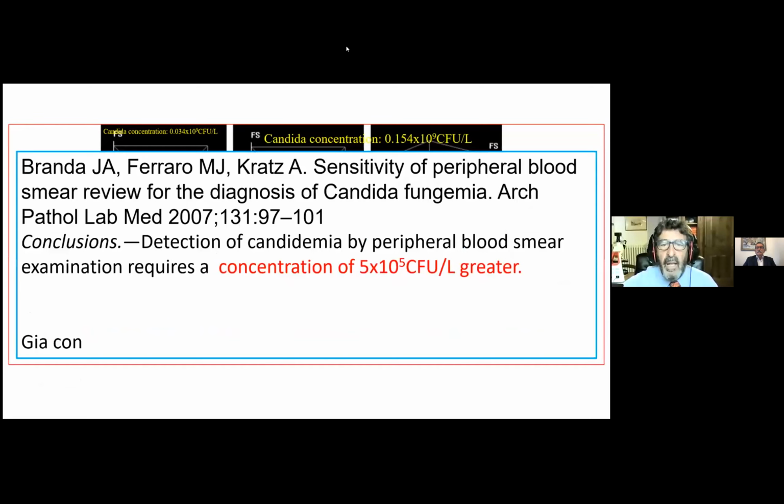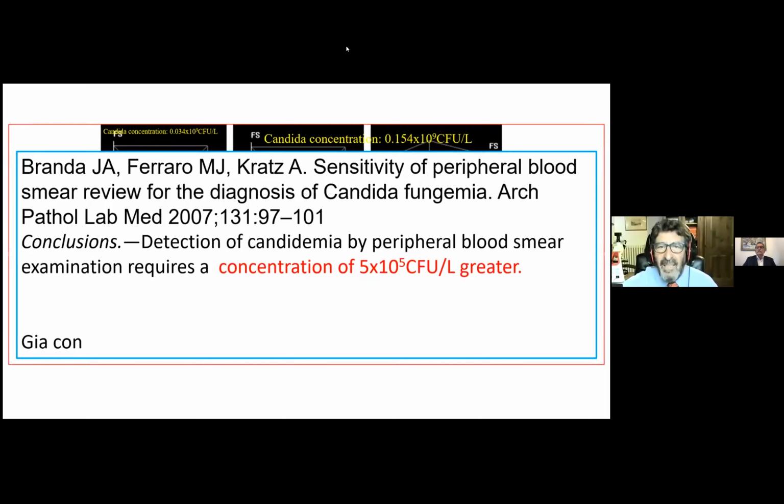Well, the 0.154 value is very important because it has been seen that for microscopy to identify blastospores in the blood stain, the blastospore dimension has to be 3 times greater.